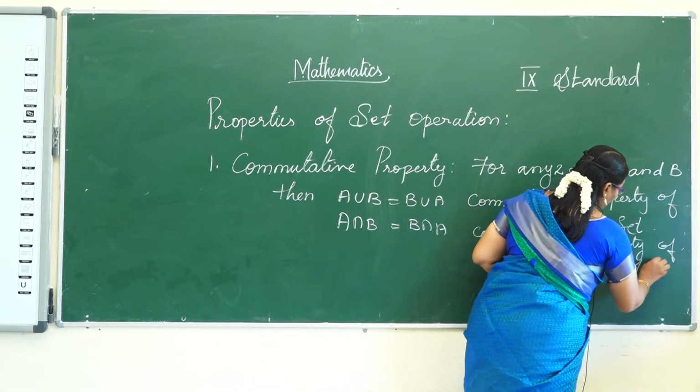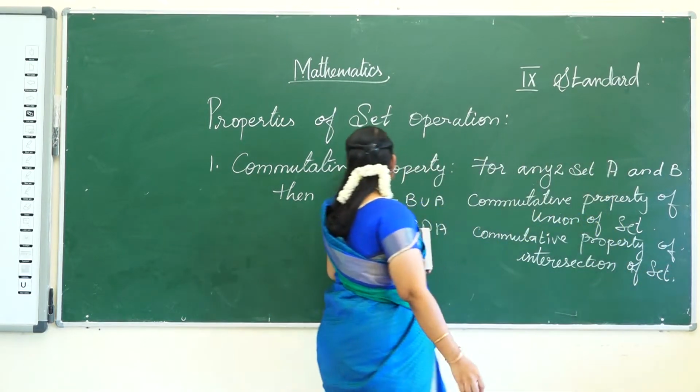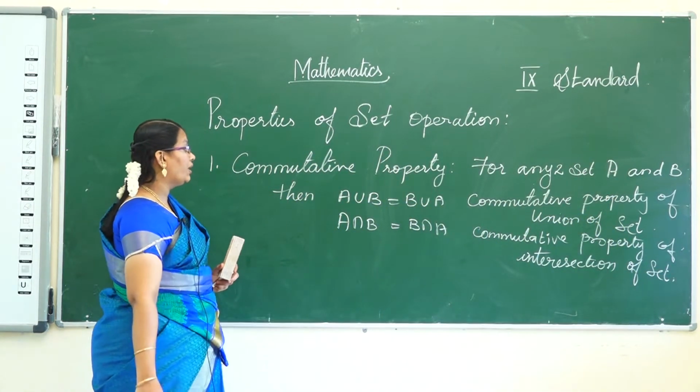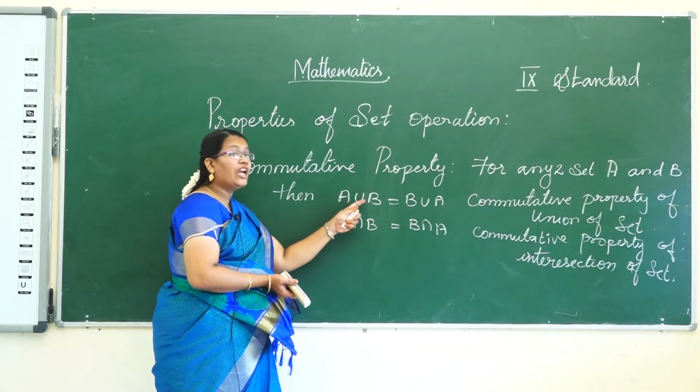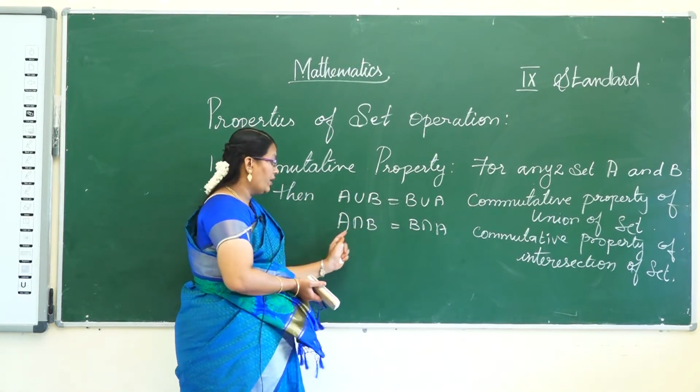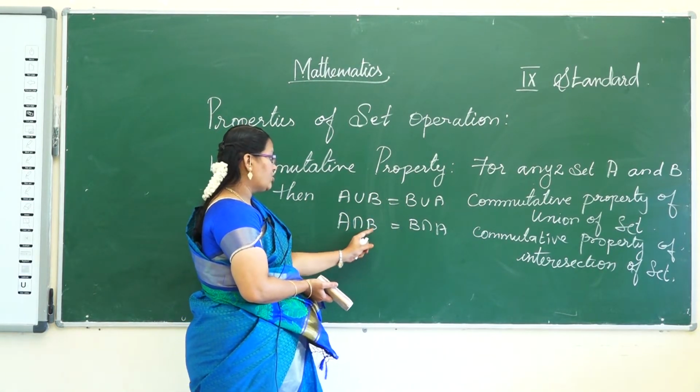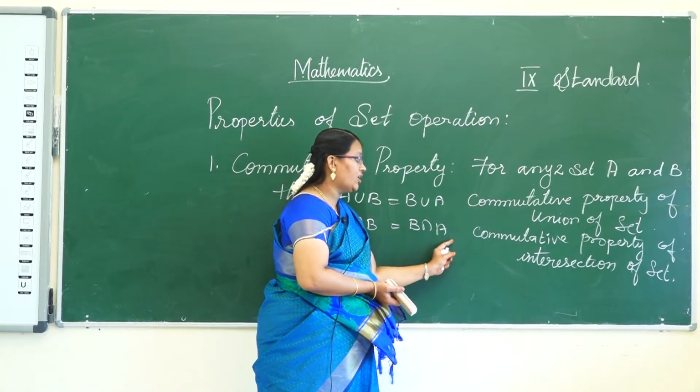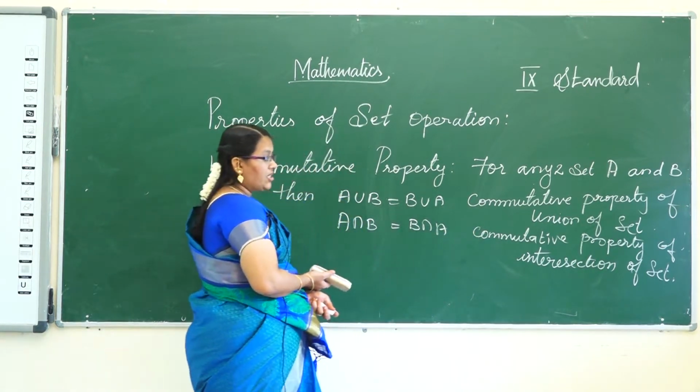So what is the formula for the commutative property? A union B is equal to B union A, and A intersection B is equal to B intersection A.